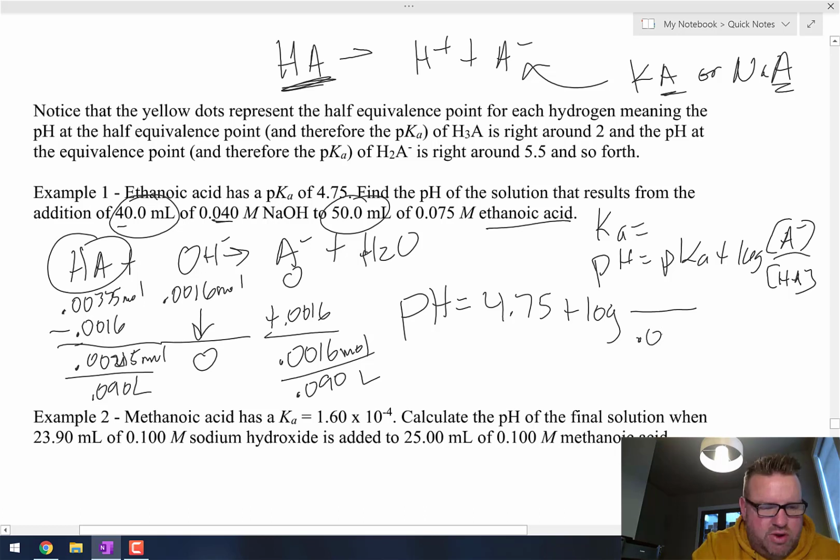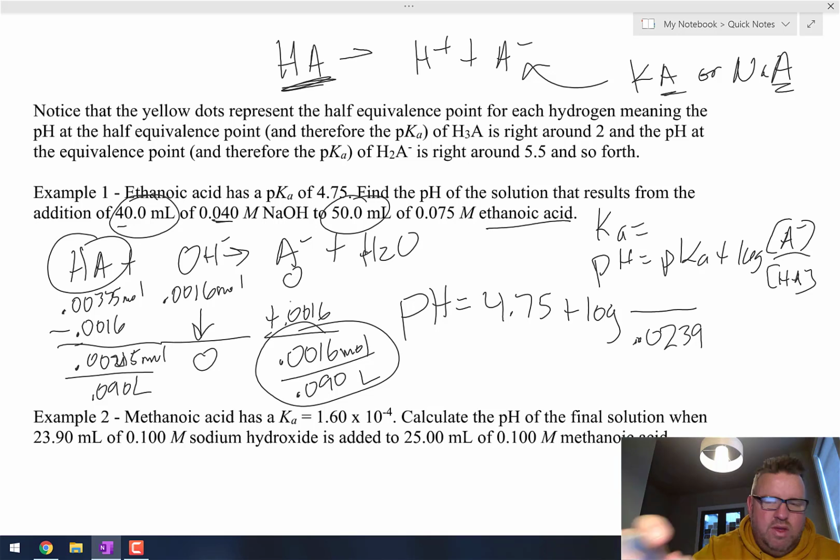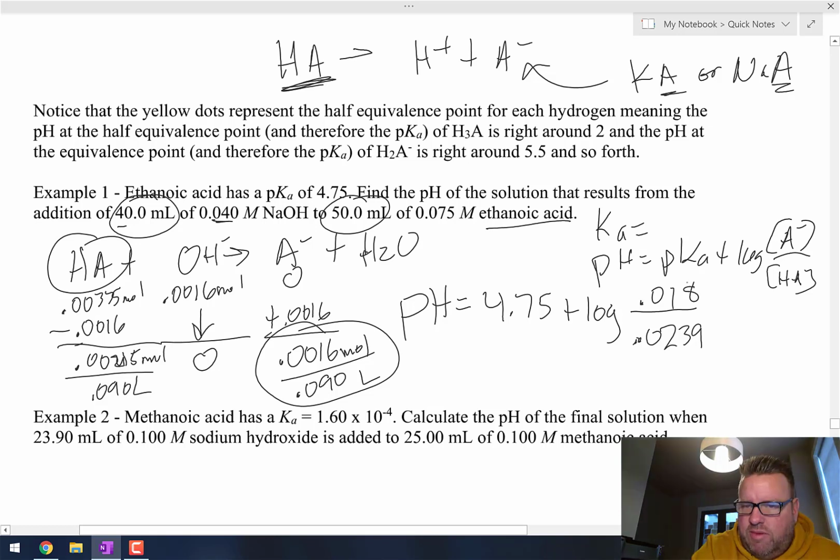For the conjugate base, 0.0016 divided by 0.090 equals 0.0178.